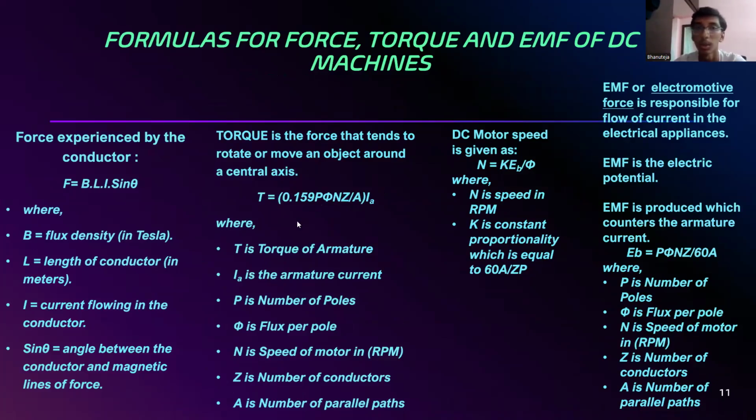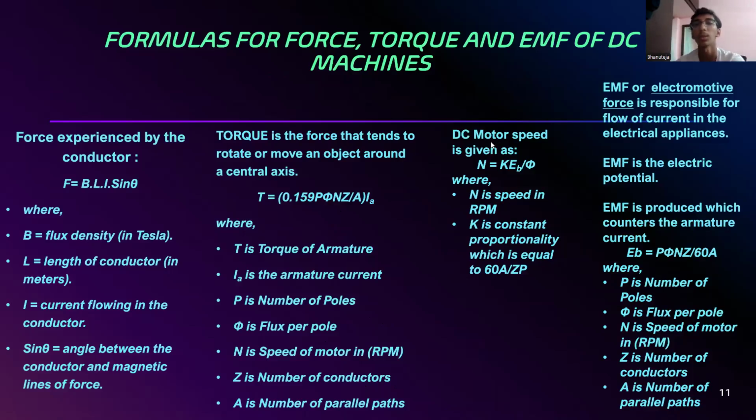T is the torque of the armature, P is the number of poles, φ is the flux per pole, N is the speed of the motor measured in rotations per minute (RPM), Z is the number of conductors, and A is the number of parallel paths.